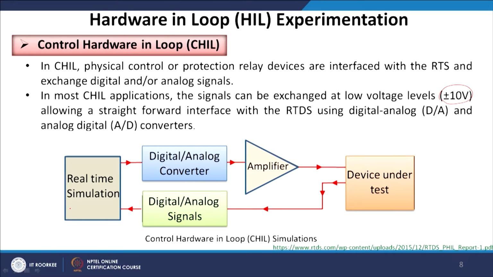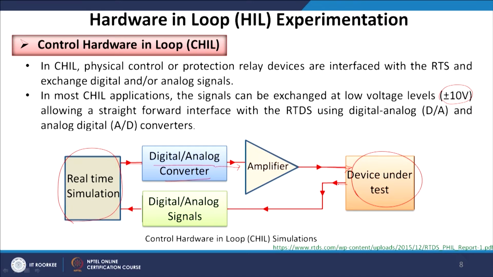So, this is my RTDS, or the real time simulator, then we convert the output from D to A, and that analog information will go to my amplifier and then to my device under test.